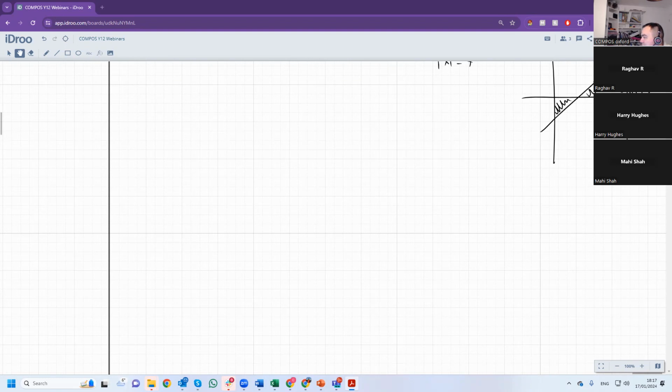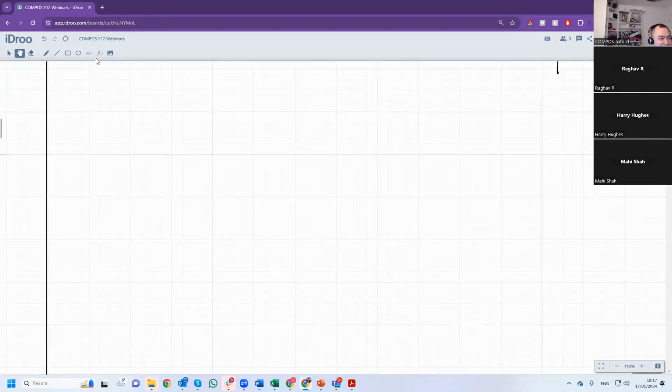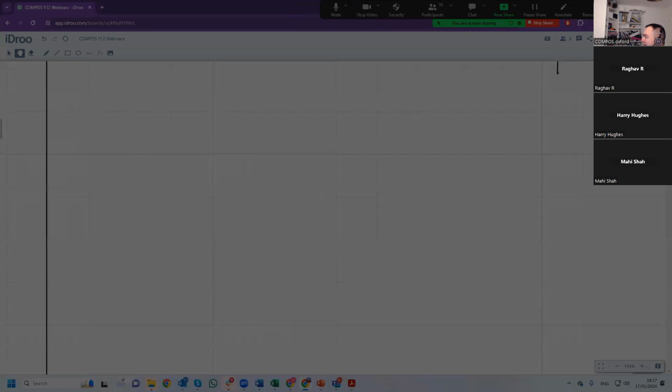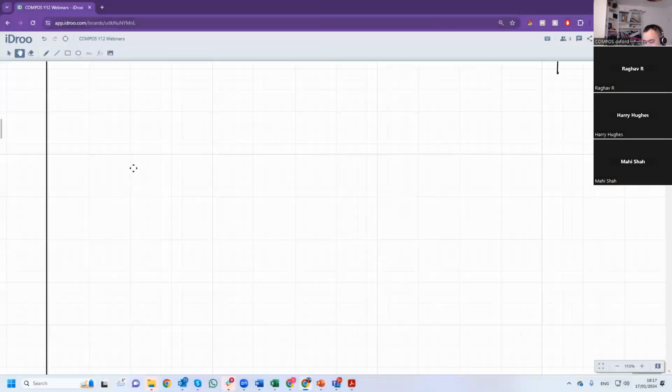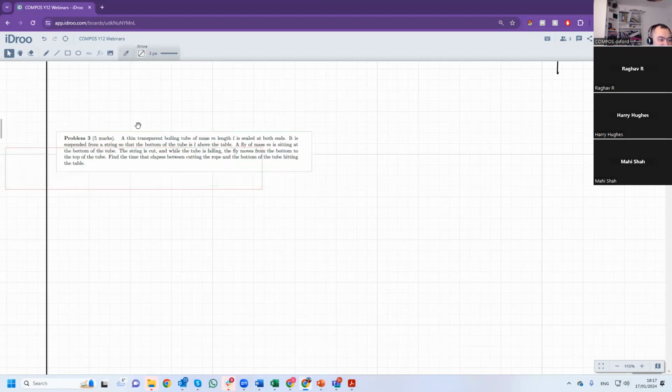Oh, the fly flies. You can do it in a different method. You could think of the fly as being stationary and the tube falling.